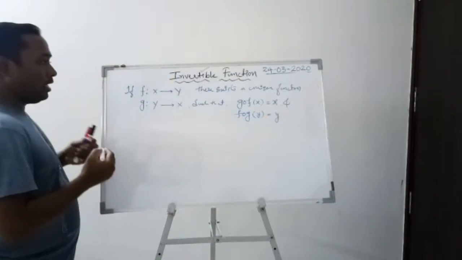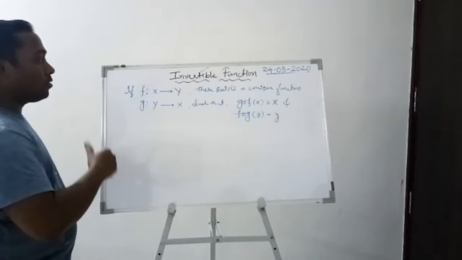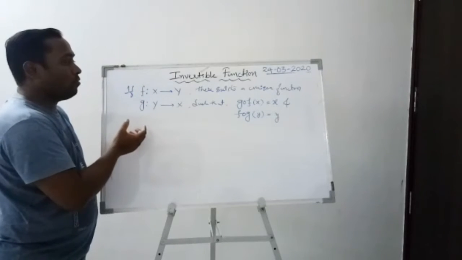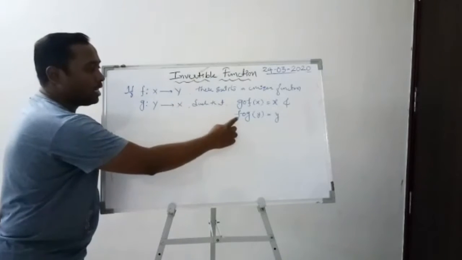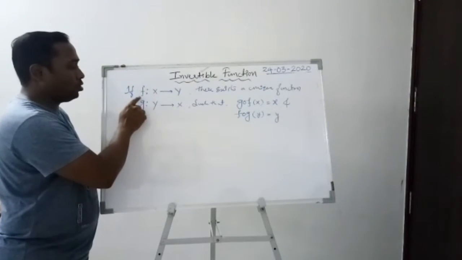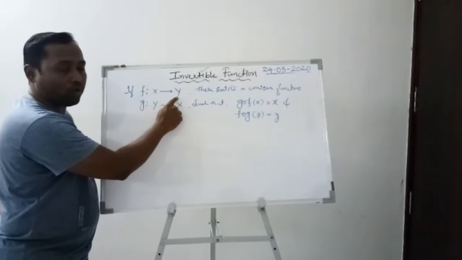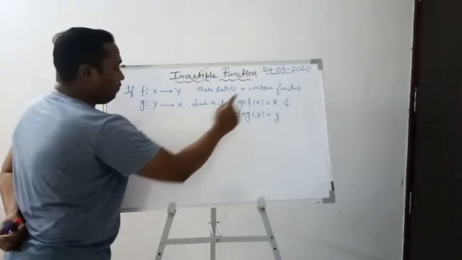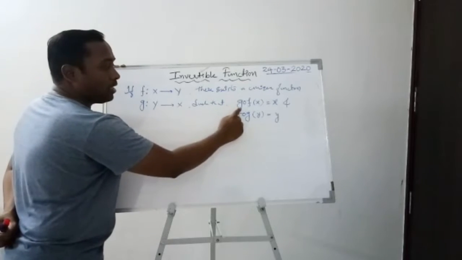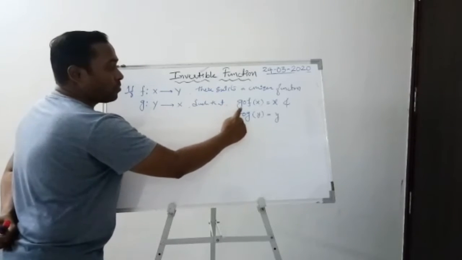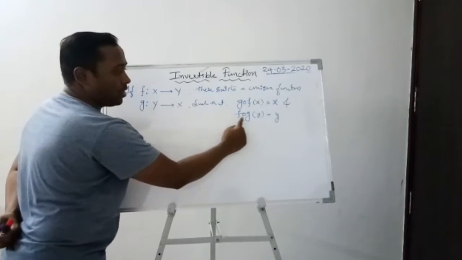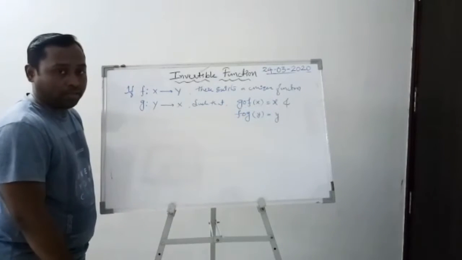I repeat, we are going to test whether it is an invertible function or not. So if the given function is from x to y, and there exists a unique function g from y to x such that it satisfies both conditions, g circle f of x should give x and f circle g of y should give y.